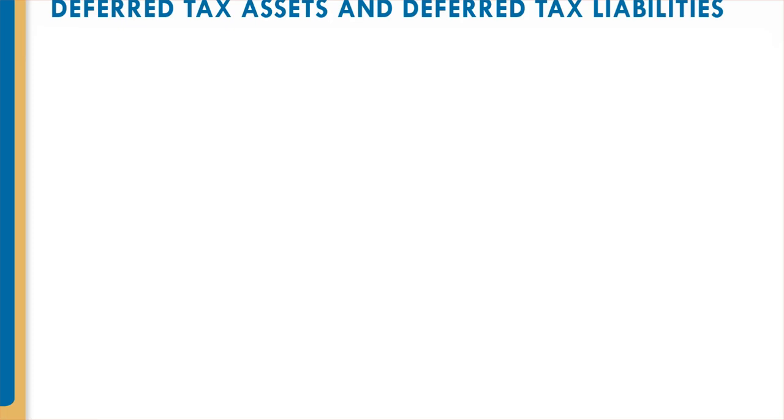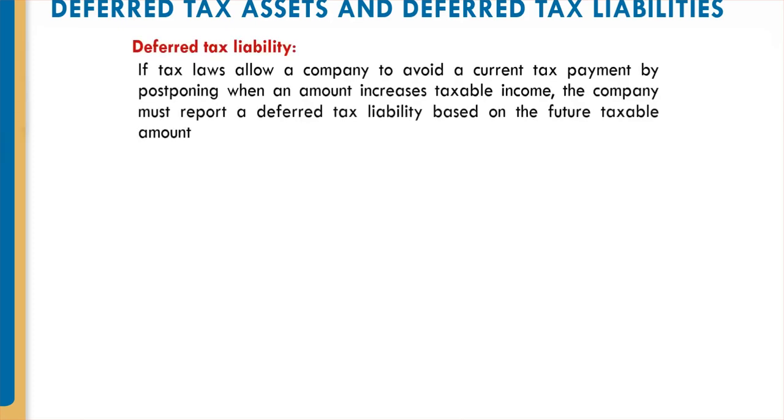So deferred tax assets, I call them DTAs, and deferred tax liabilities are DTLs. When we work through the problems, you'll see that you really don't have to memorize all these words to understand what a deferred tax liability is.